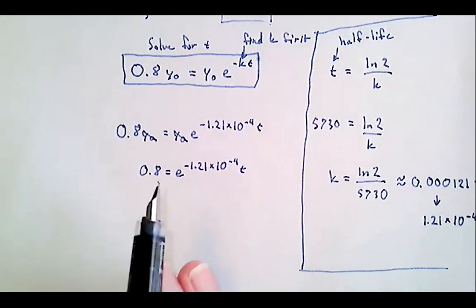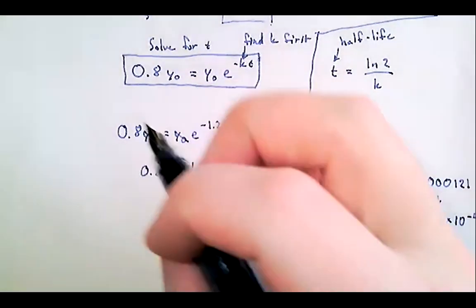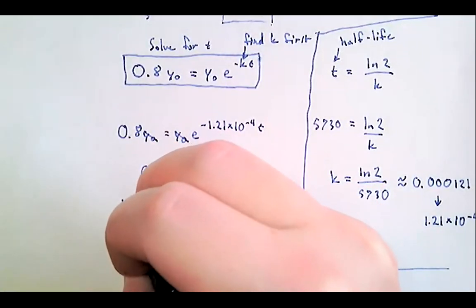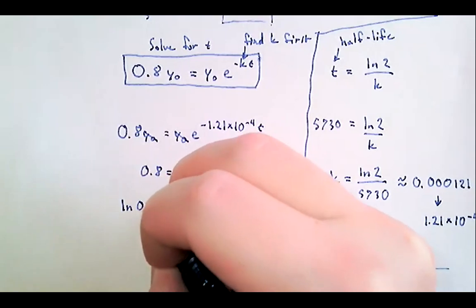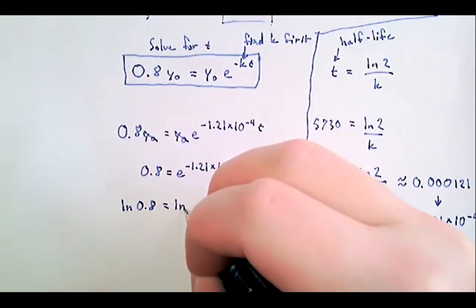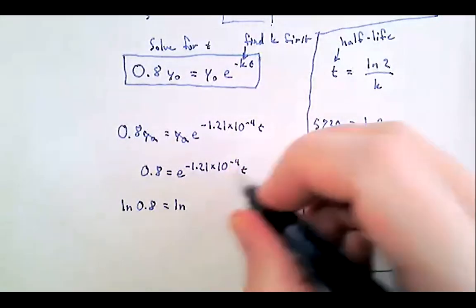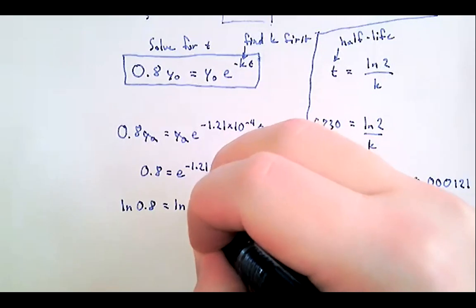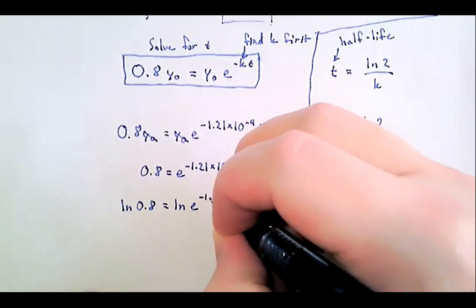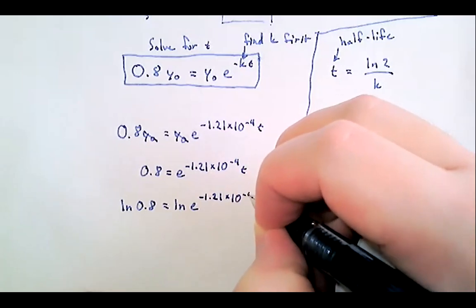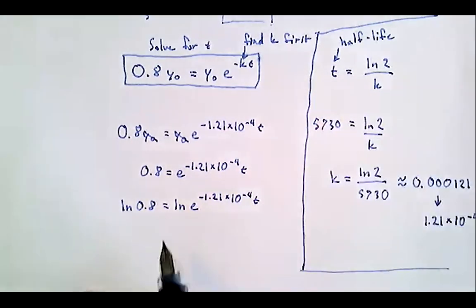But we will have to use the natural logarithm to get rid of the exponential function. I have to be careful with the way we say that. These go away.